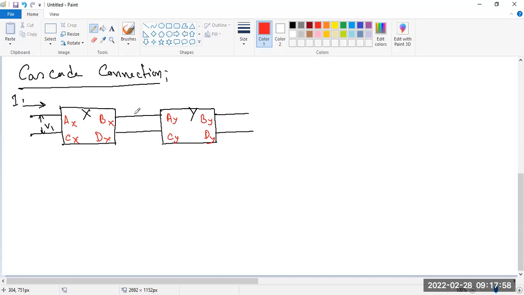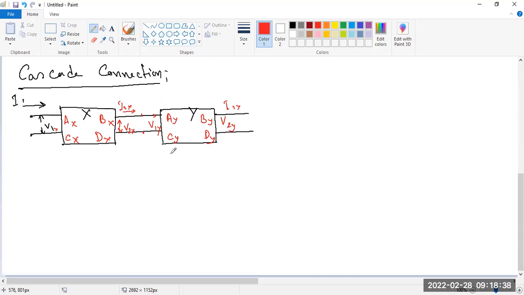So it is V2X, that is V1Y, that is V2Y. So V1, V2, V2X. A current is flowing, that is I2X, this is the 2 terminal, and that is I2Y.